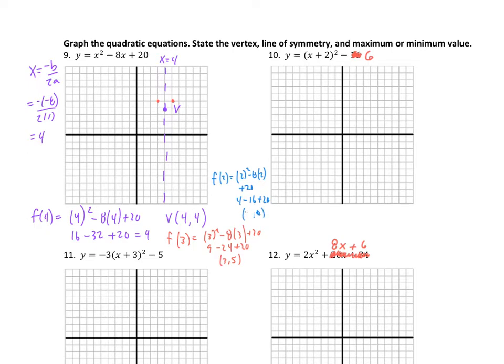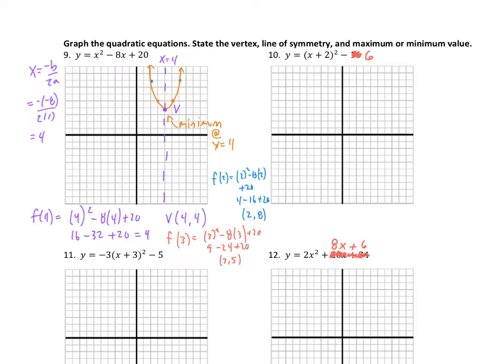That's very good. 2, 8. Should be right here. And mirror that to there. So I shall draw that parabola now. And then it's going to have a minimum at y equals 4. Alright, so there's number 9.